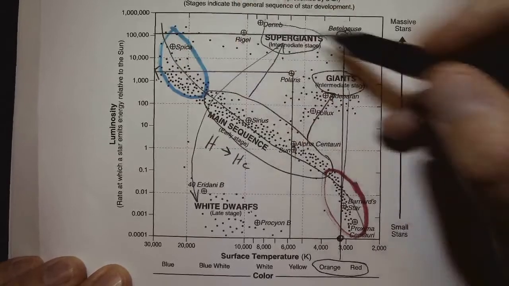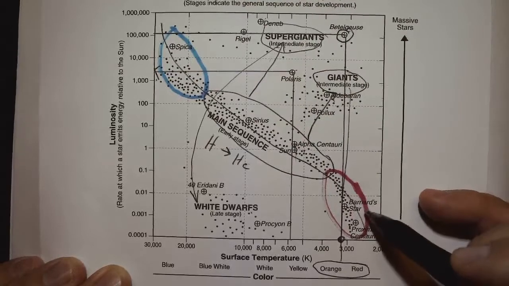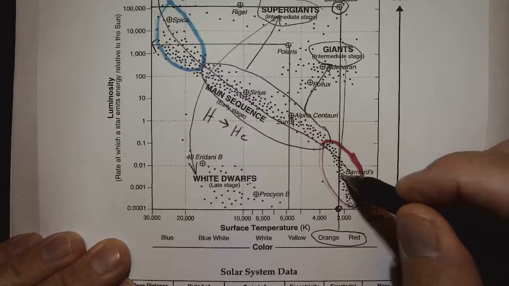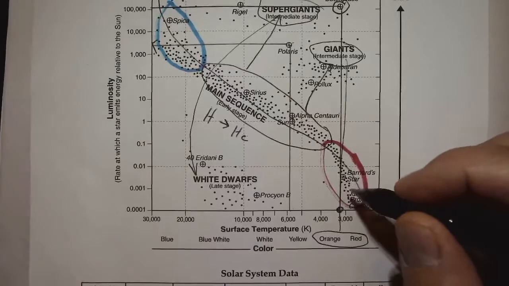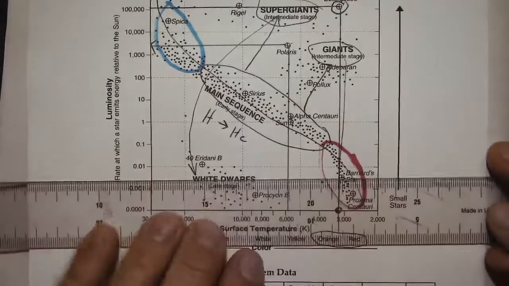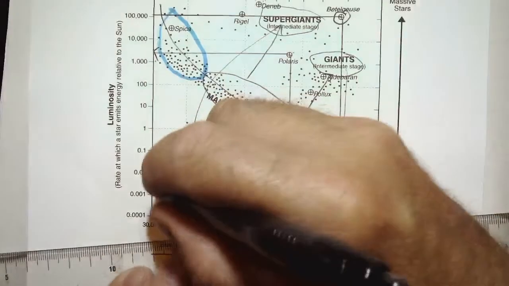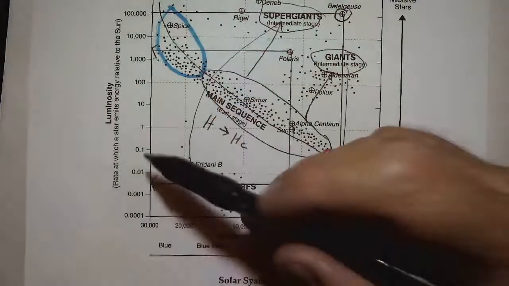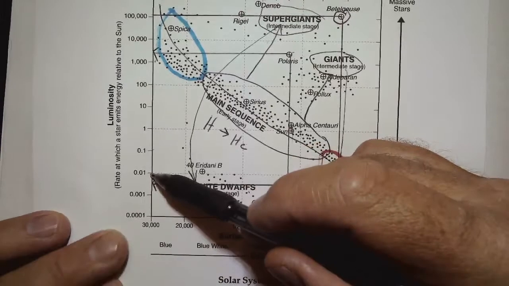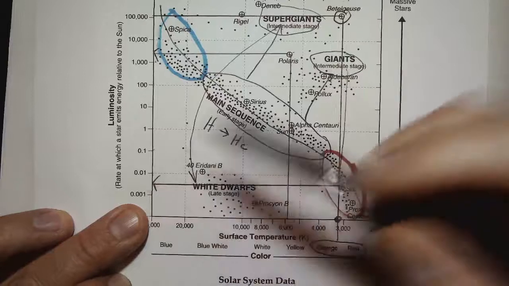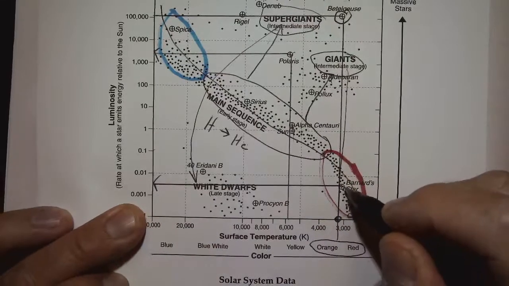So you can use these and take a quick look at any of the stars that they're talking about. Barnard's star is one that we could ask about. How bright is that compared to our sun? If we draw a line over, we see that Barnard's star, this would be a tenth, this would be 100th. So we might be talking about a 500th as bright as our sun, 1/500th as bright.